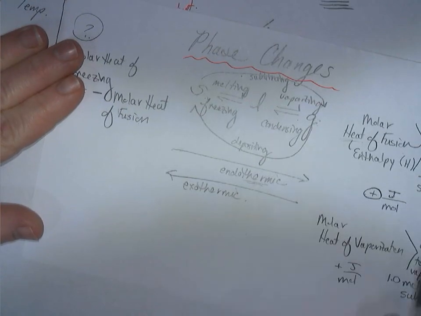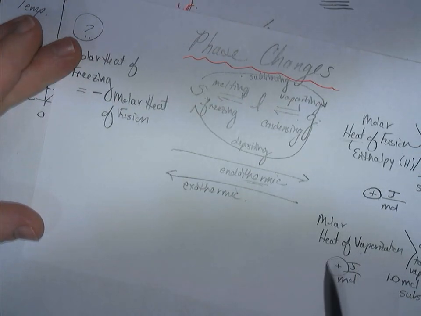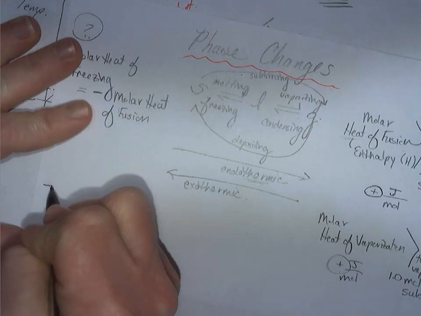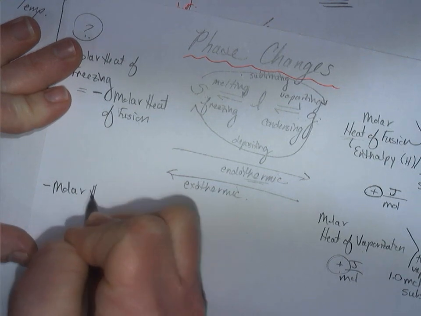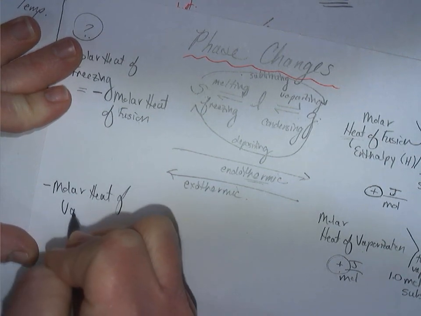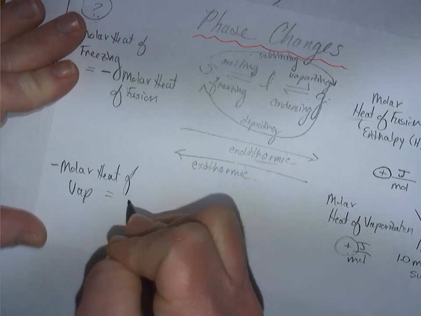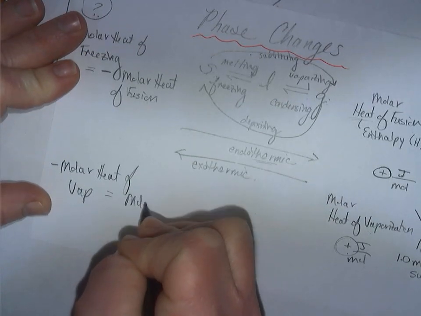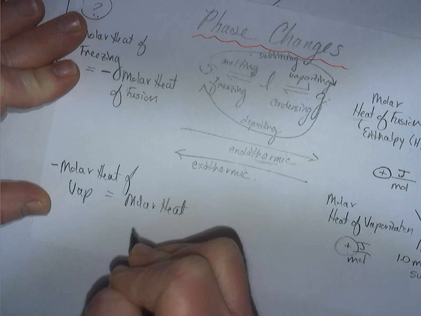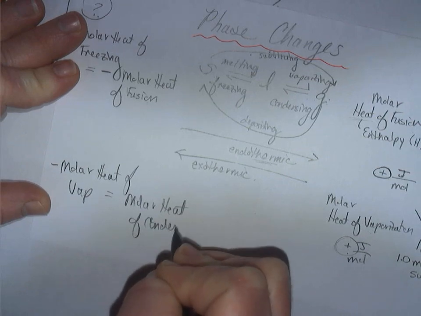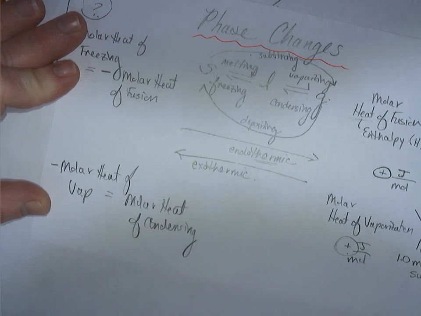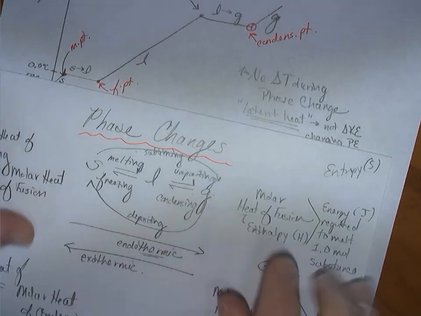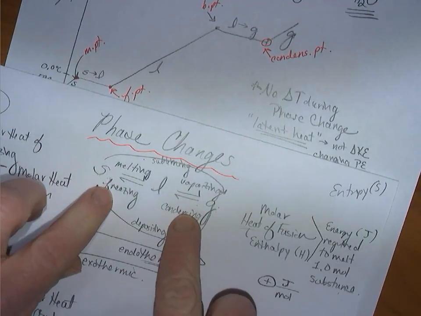So to vaporize, we have to invest energy. That will be a positive sign. Well, the negative molar heat of vaporization would be the molar heat of condensing. So your phase change happens at the same temperature.